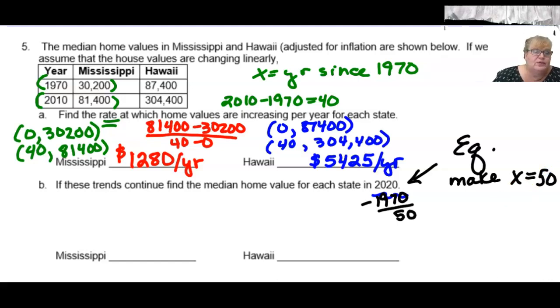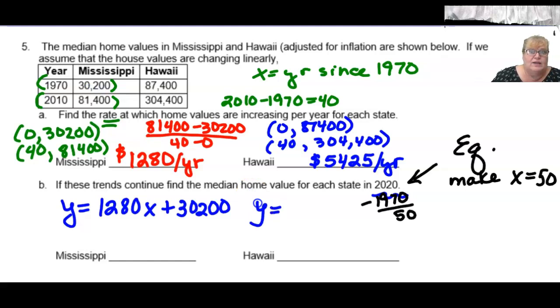We could use point slope and put in a point and a slope, but we have already the y-intercept because we called this year 0. So in Mississippi, it's growing by 1280 a year, and it started at 30,200 because we called that year 0. And in Hawaii, it's growing 5425 a year, and it started year 0 at 87,400.